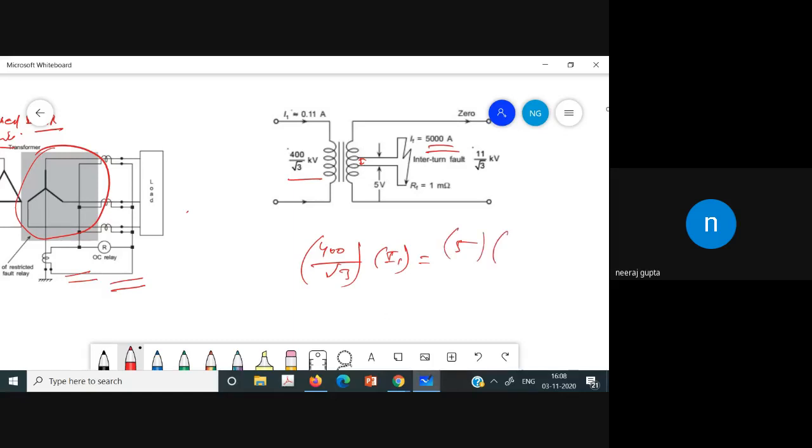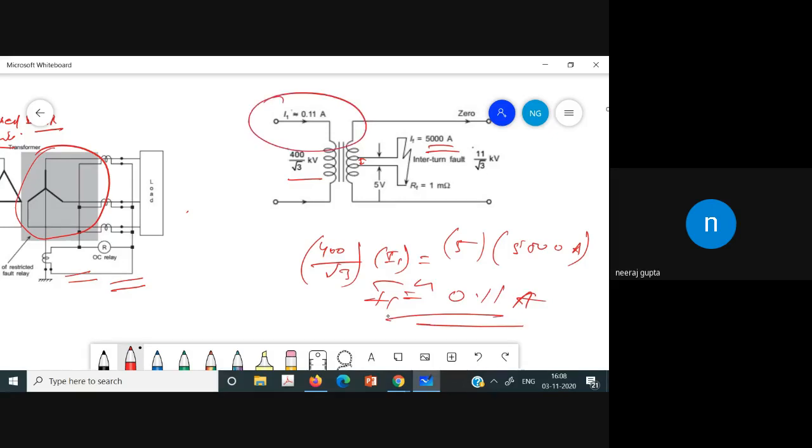So 5 into 5000 ampere, and finally we get the current as approximately 0.11 ampere. That is, I1 equals 0.11.